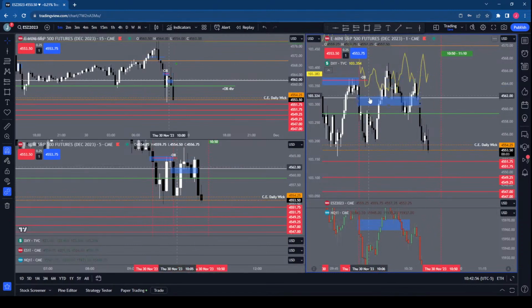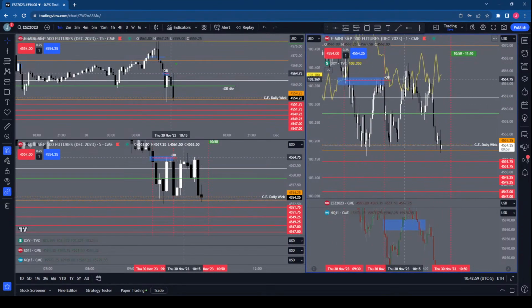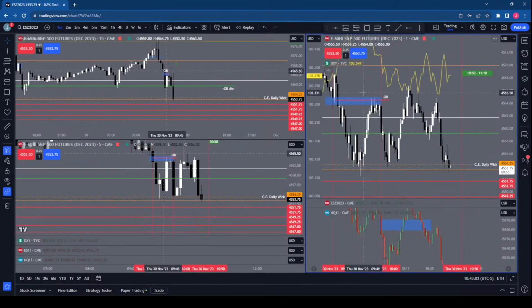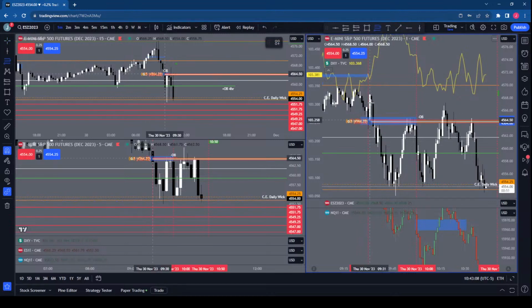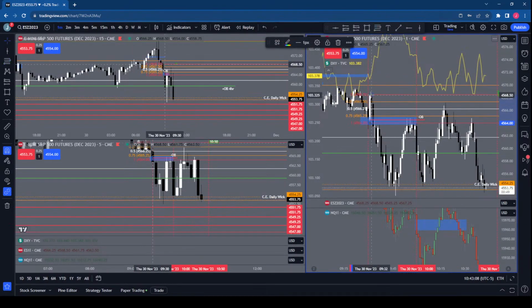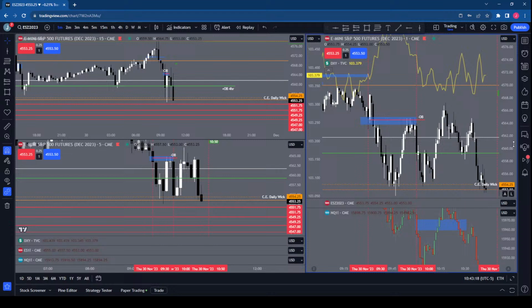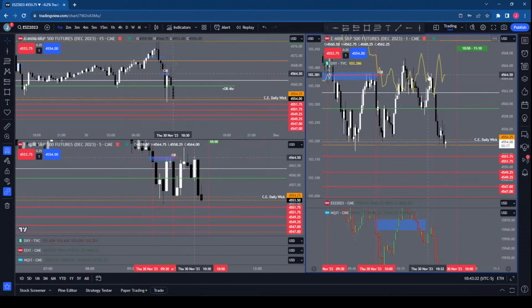I'm going to take these off. You can see right here, the bodies respected that mean threshold, and that's when it turned, came up.